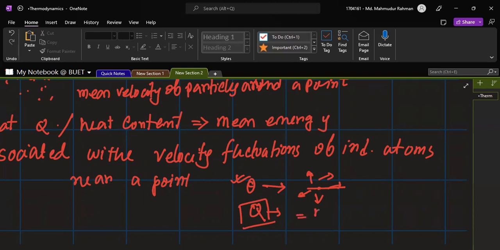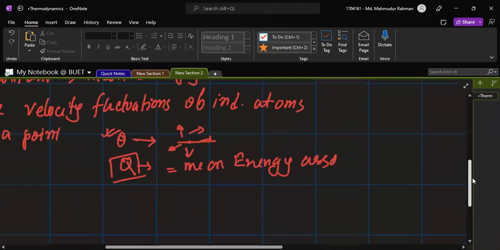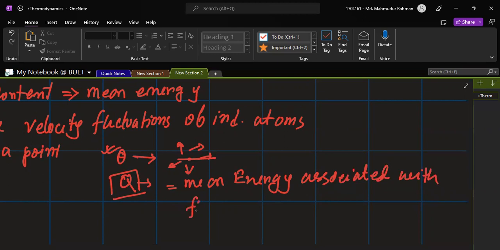It's the mean energy associated with this fluctuation of velocities.